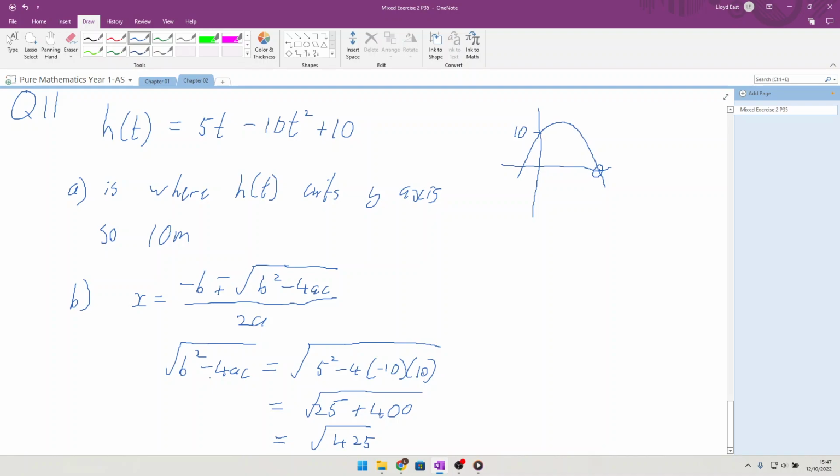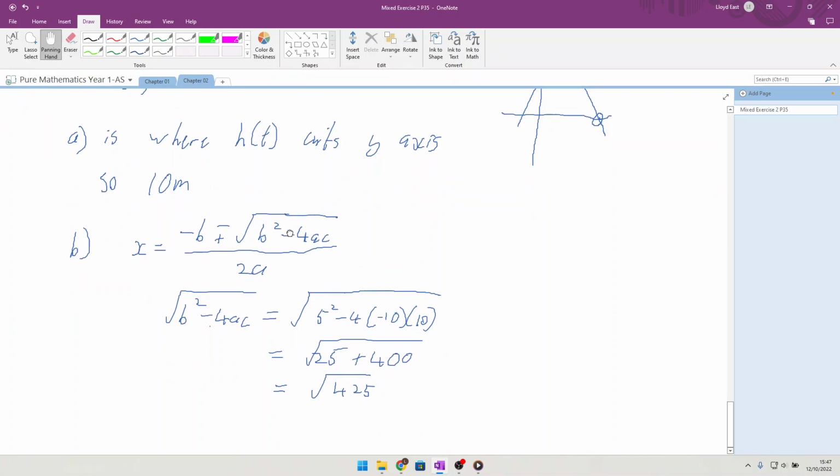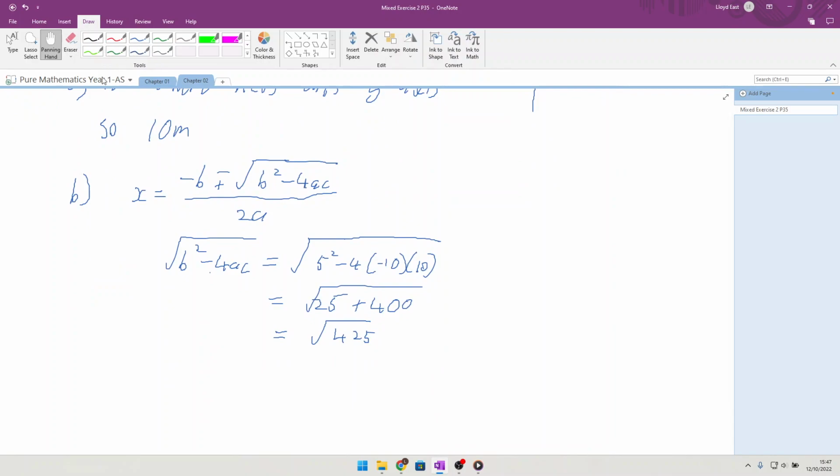Grabbing a calculator. 5 root 17 is what we are getting. Okay. So 5 root 17.